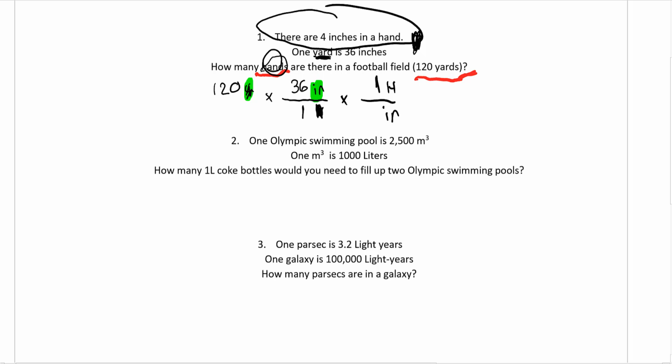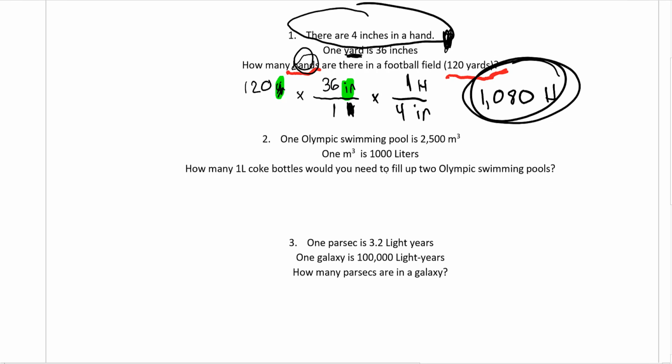So 1 hand is 4 inches. That means that my answer is 120 times 36 divided by 4. I do that on a calculator. And I get that the answer is 1,080 hands. Let's do another one.